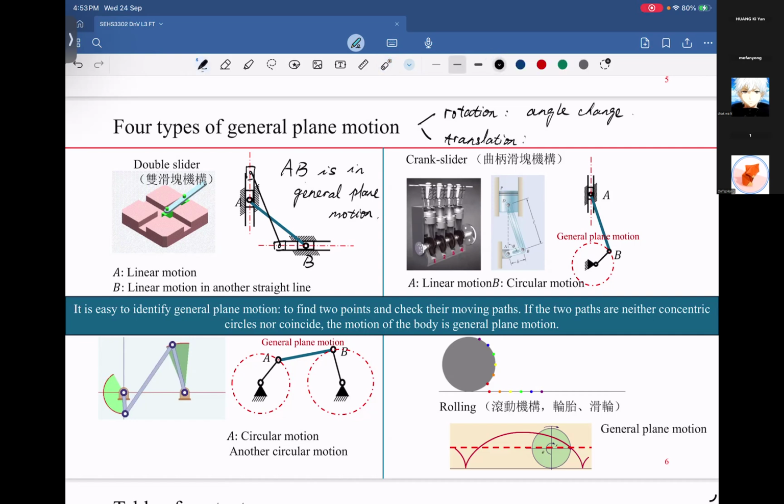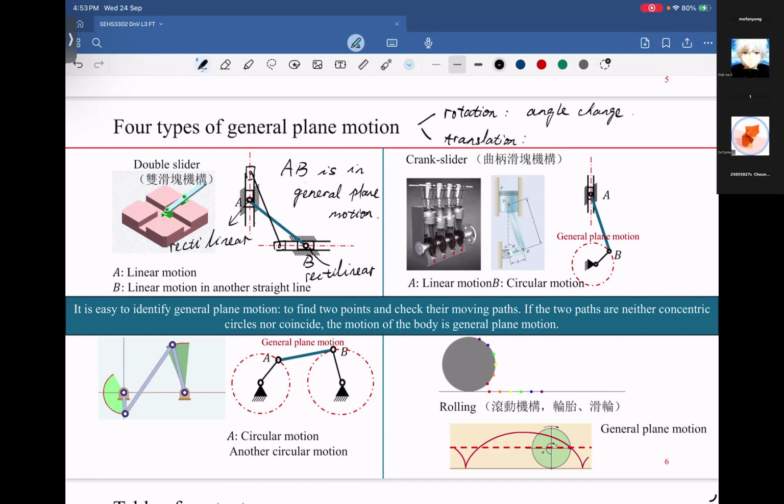Again, for double slider, point A is in a linear motion, and point B is also in a linear motion, rectilinear motion.